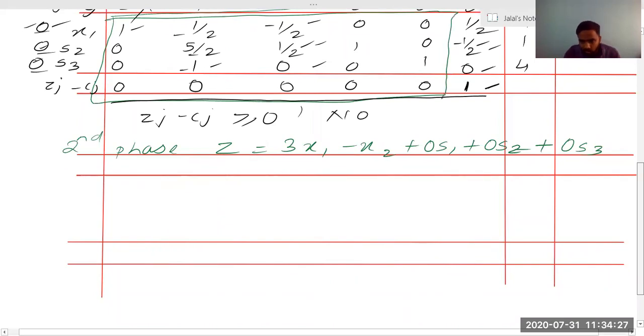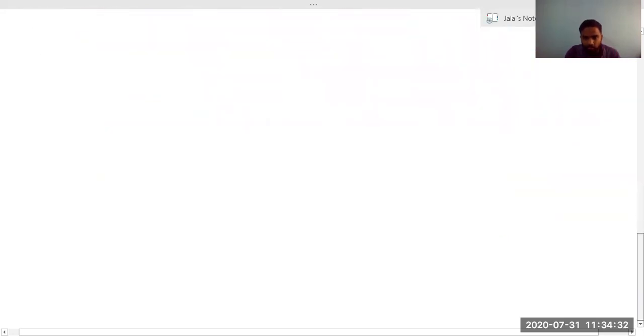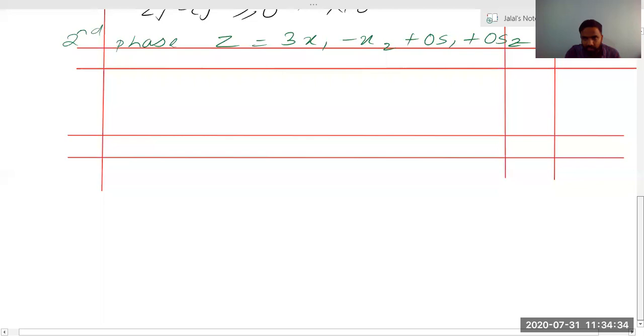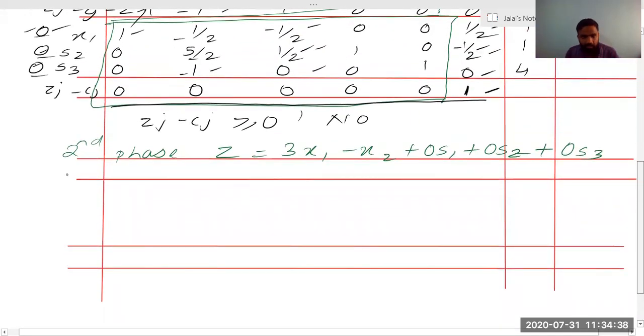Now to rewrite the table, I think I have drawn it somewhere. No, I have not drawn it. So I have to rewrite this table. Just look at what I'm going to do. I'll write x1, x2, s1, s2, s3. Forget about a.